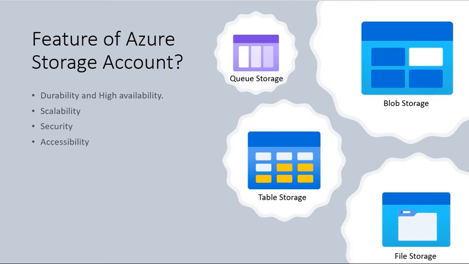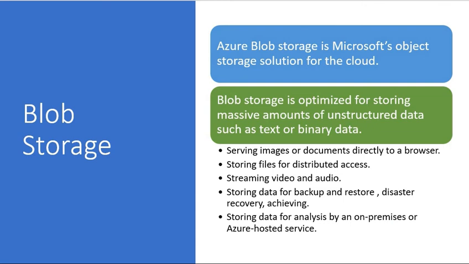Now, let us quickly discuss these storage types briefly. First one is Blob Storage. Blob stands for binary large object, and it includes text files, images, audios, and videos. So, Azure Blobs is a service that stores massive unstructured data that can be accessed from any place via protocols like HTTP or HTTPS.